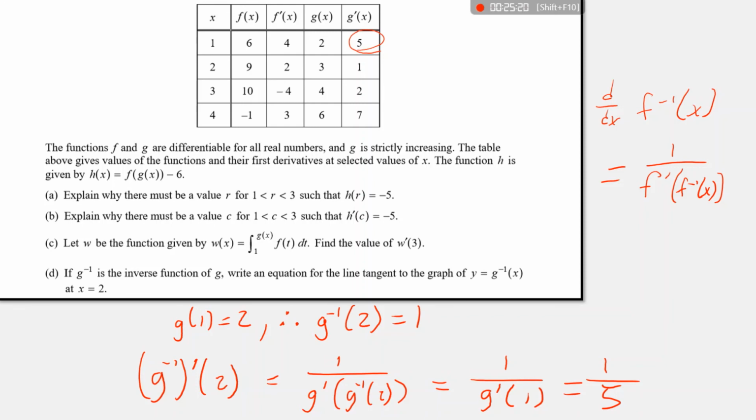Okay, so now I've got an input, an output, and a slope.